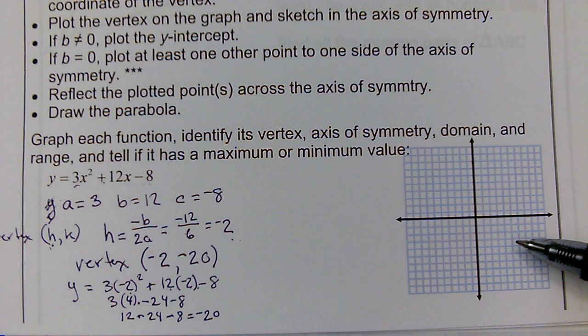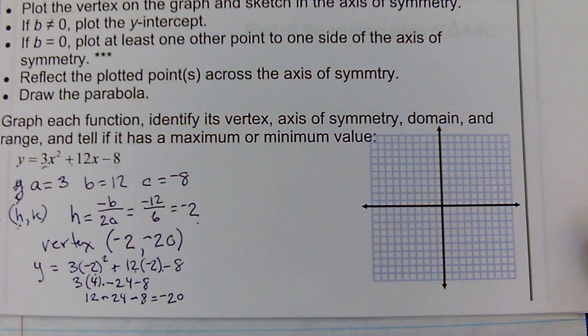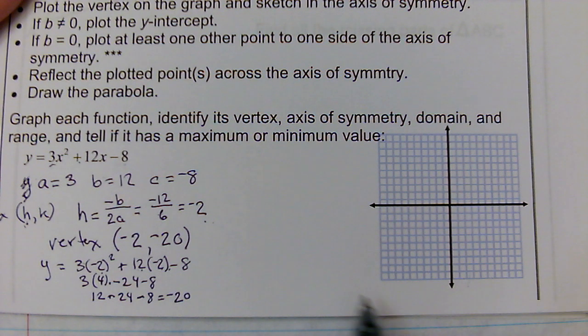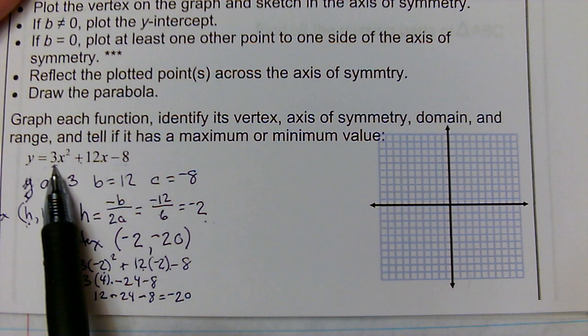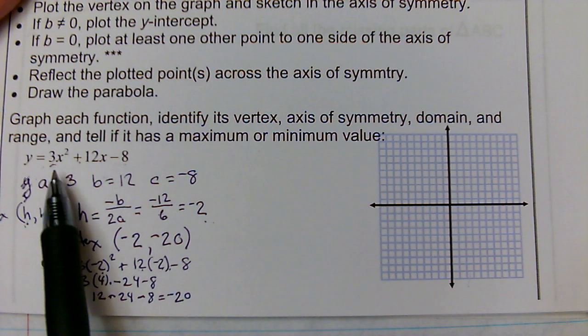Now, if I look at this graph, it only has 10 boxes in each direction from the origin. So that means I'm going to need to change the scale on my graph so that I can fit negative 20 in there for the vertex. But before I start doing that, I want to think about which way this is going to open and whether it's going to be wider or narrower than the parent.